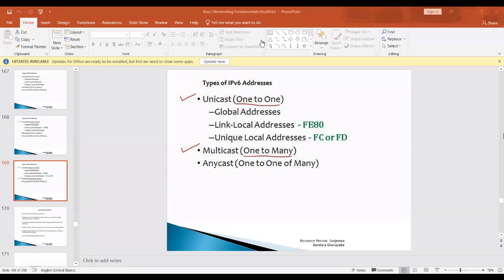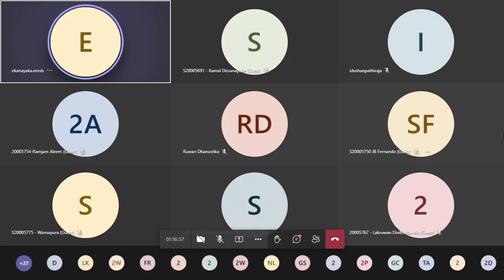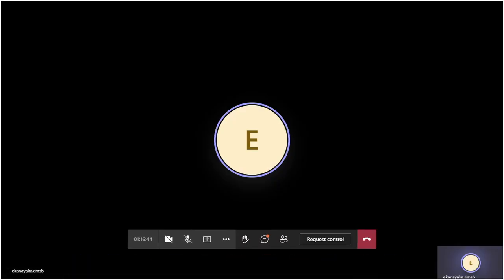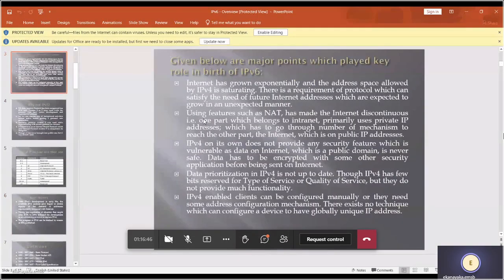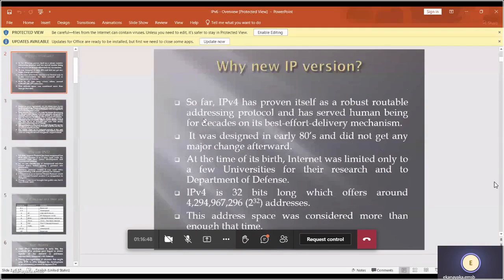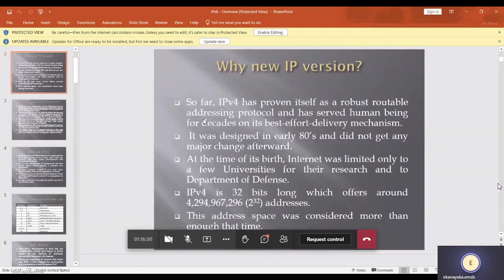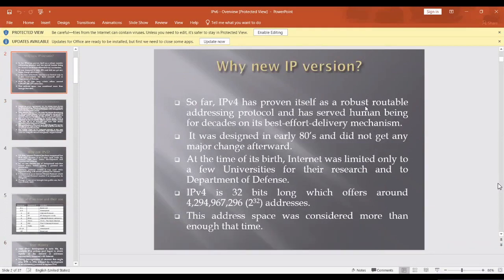So I will jump into the history of IP version 6. It is better to reveal it to you. If you can see my slides, IP version 4 has proven itself a robust, troubleshot, tested protocol and has served human beings for decades on its best effort delivery mechanism.